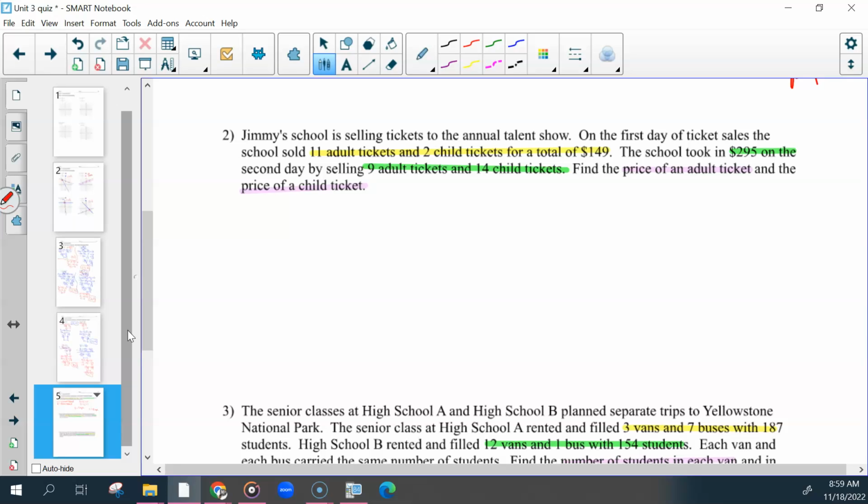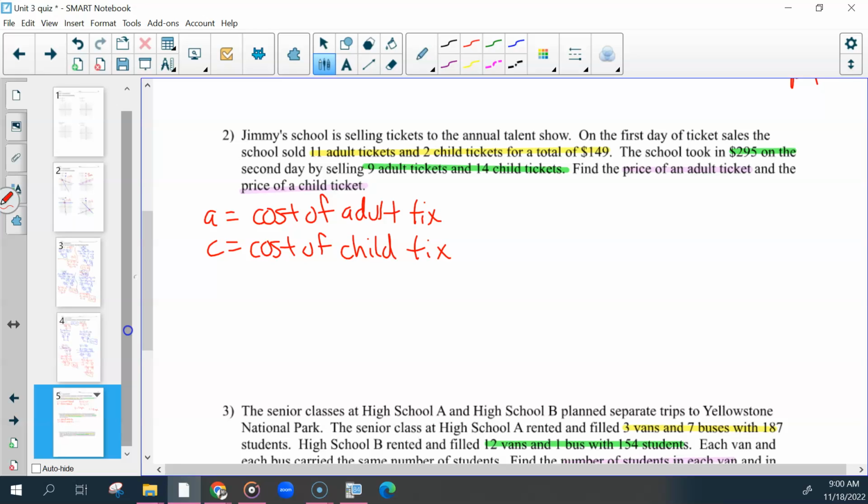Or if you just put adult and child, I don't know what you don't know about those. So define your variables and be specific.